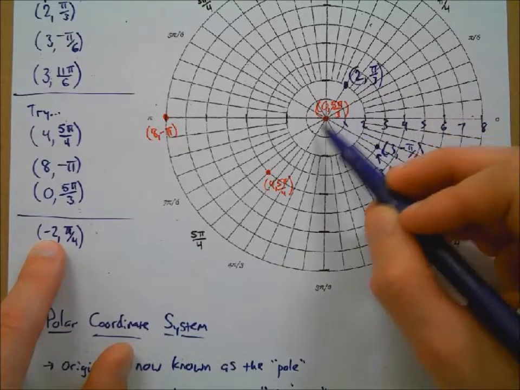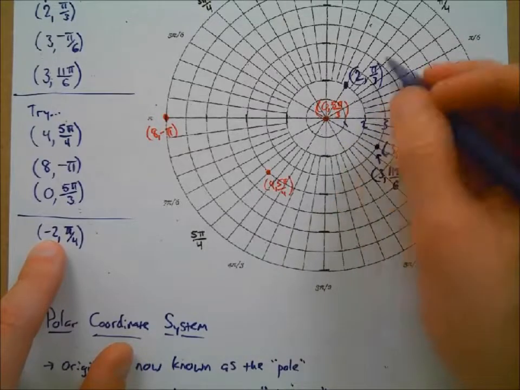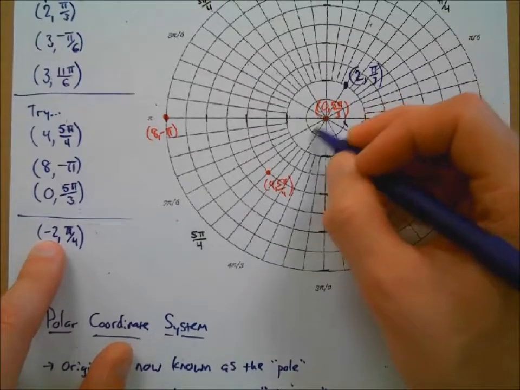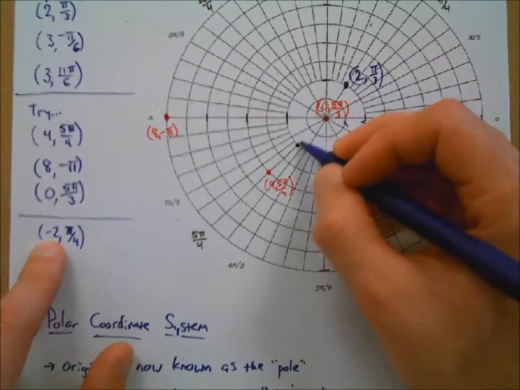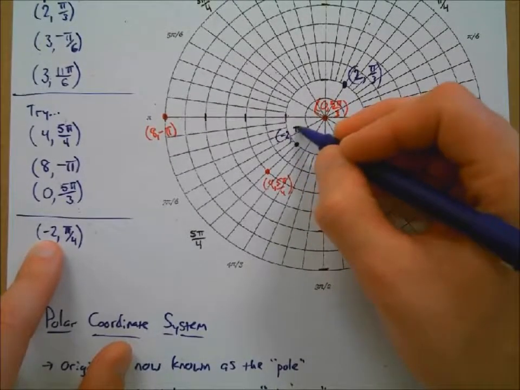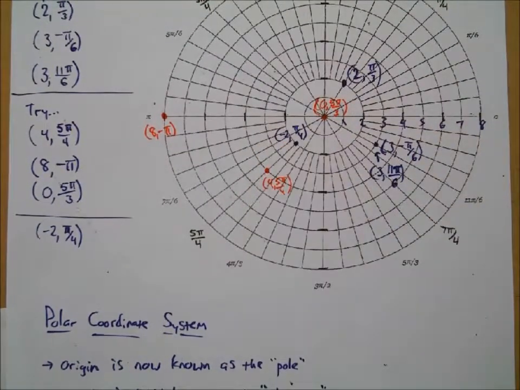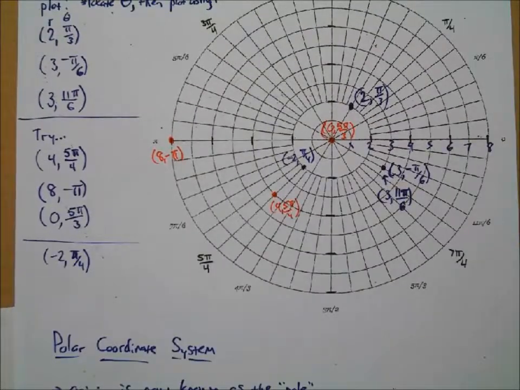And we'll go 2 towards that one, or 2 back from pi over 4. So there's where that point is. Okay, so there's the negative 2, pi over 4. Alrighty. Questions on any of that?